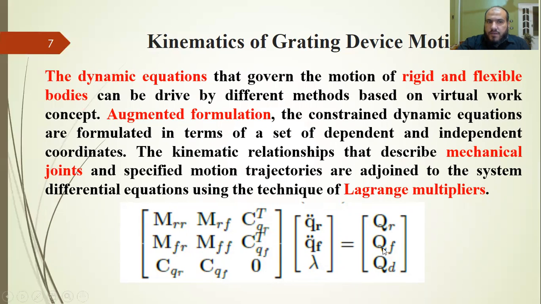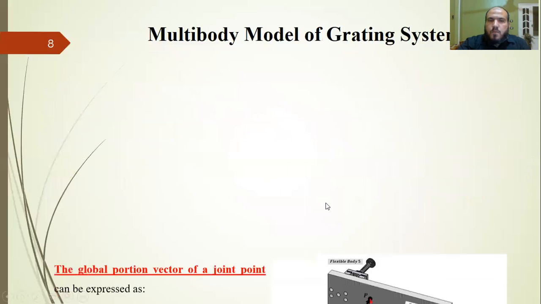QR and QF are the external applied forces acting on the rigid and the flexible body, respectively. QD is the quadratic velocity vector. We solve this equation to obtain the acceleration and the Lagrange multipliers.